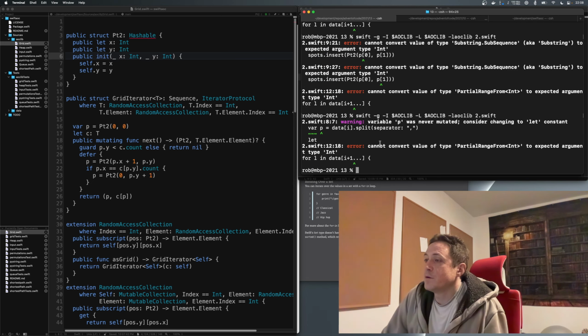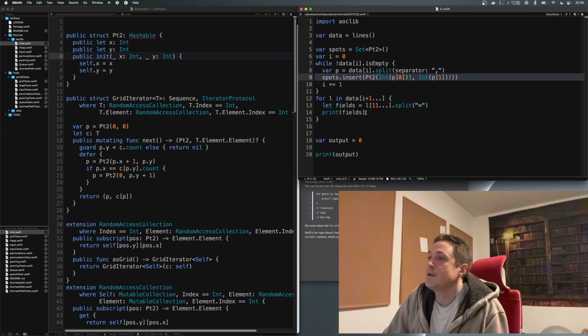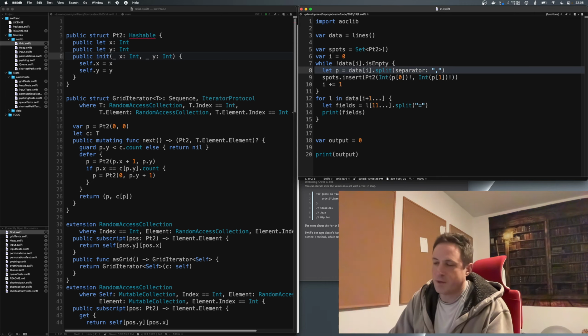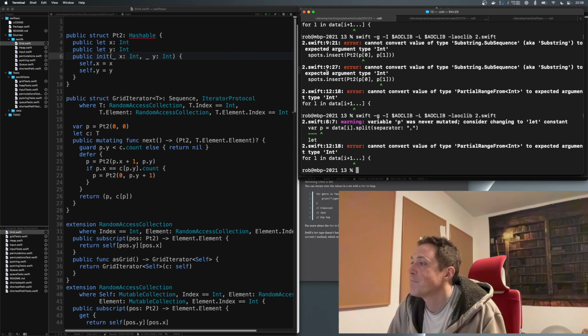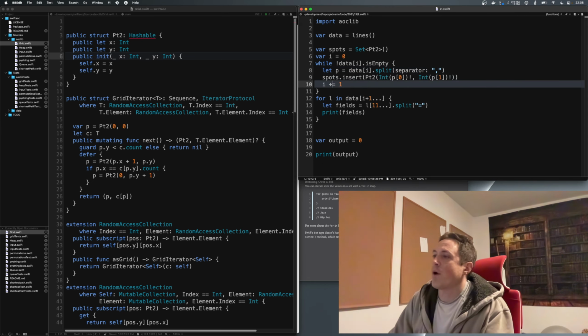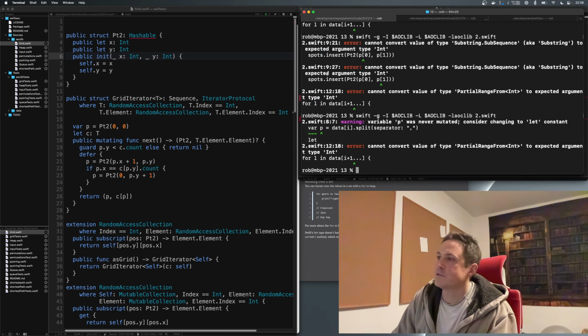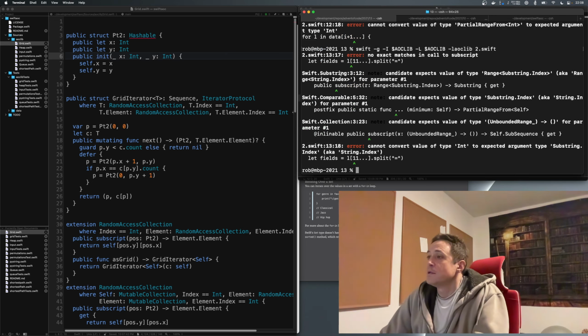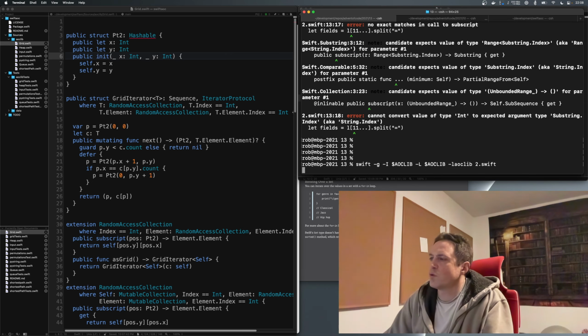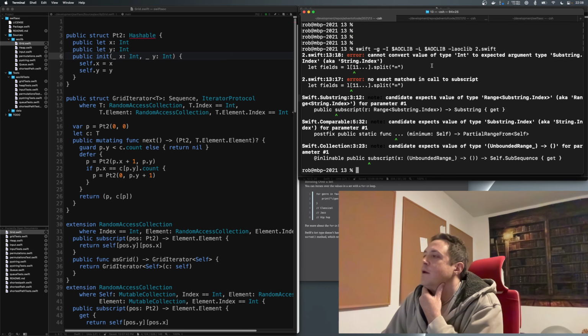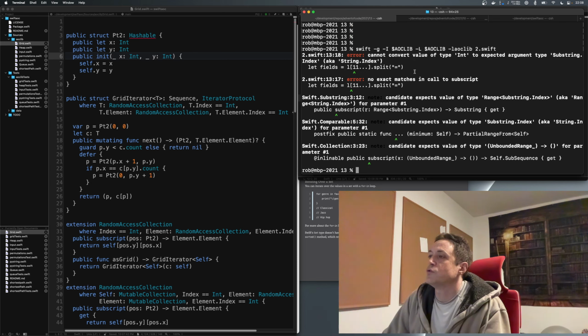P was never mutated. Yeah, that's fine, just so we get rid of the warning. And these ranges, you've always got to parenthesize. Ooh, when did this start? Okay. Int 2.